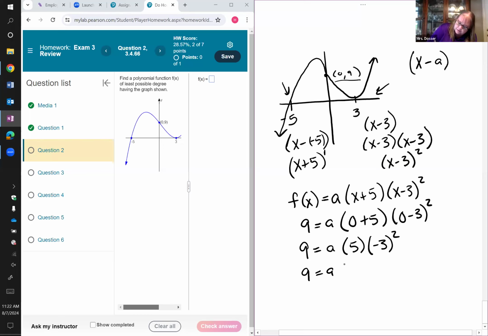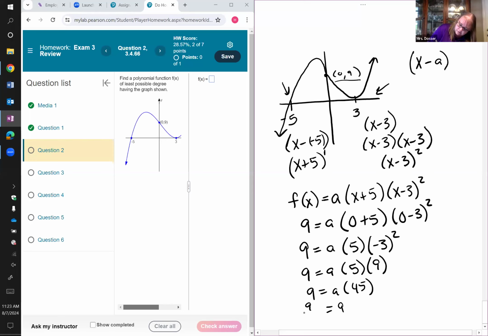So we have 9 is equal to a times 5 times 9. And then our multiplication there, we get 9 is equal to a times 45, or you can write it as 45 times a if you prefer, either way. To solve for a, we need to divide both sides by 45 to get the a by itself.